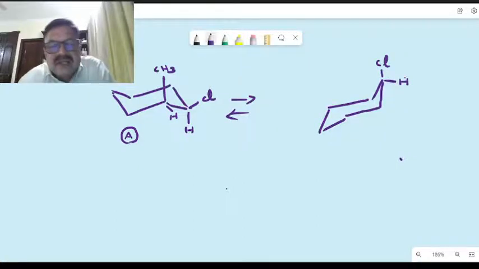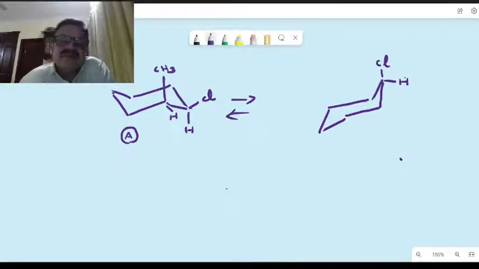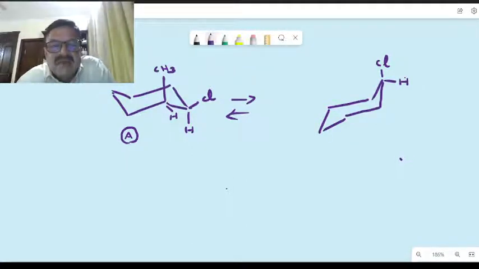During ring flipping, the cis and trans positions do not change. We have learned that. Only the axial becomes equatorial and equatorial becomes axial during ring flipping. So in conformation A, the chlorine is in the equatorial position and the methyl group in the axial position. During ring flipping, what happens?